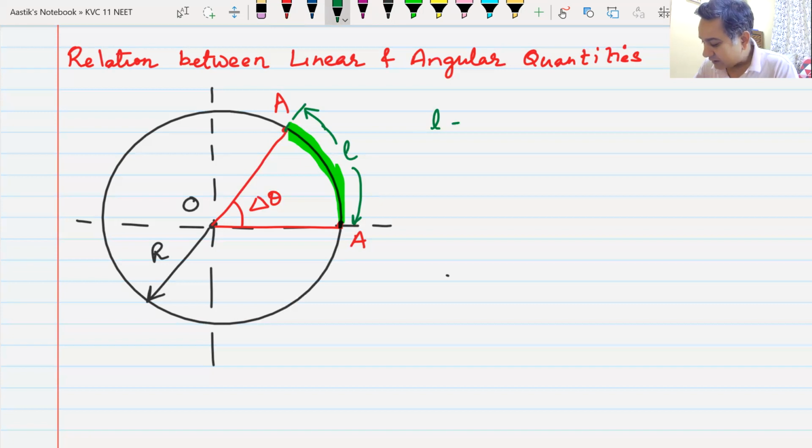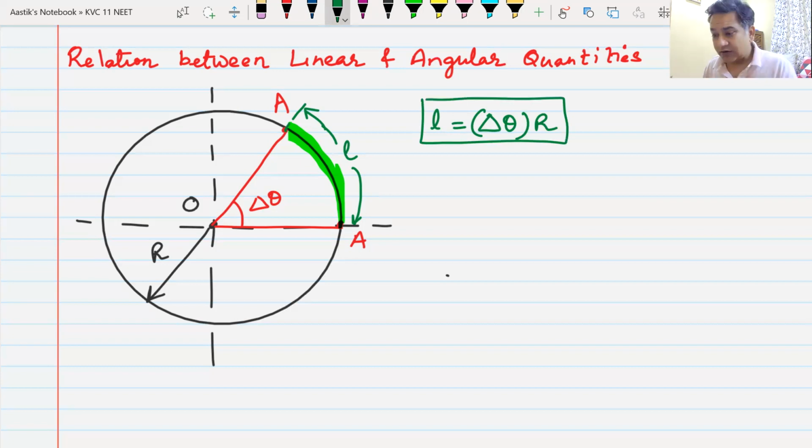the value of L, the length of the path, will be the angular displacement multiplied by r. Everyone of us knows this, yes or no? How do we derive this equation? We derive it because the angle which it has turned is always equal to arc upon radius. Angle is arc by radius.